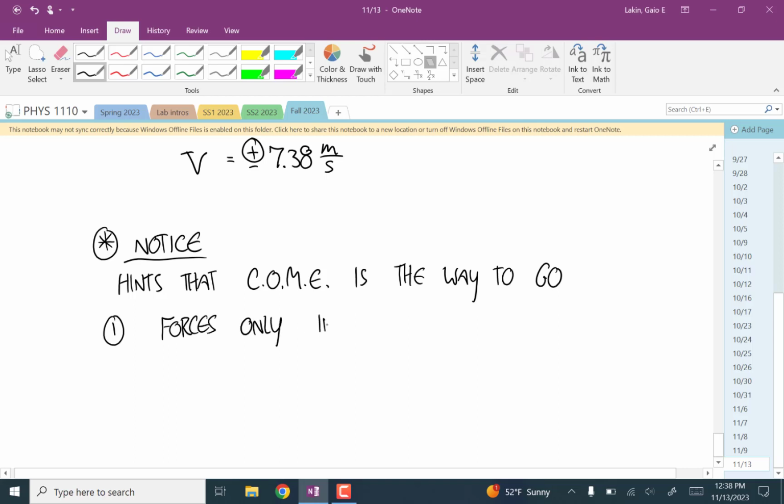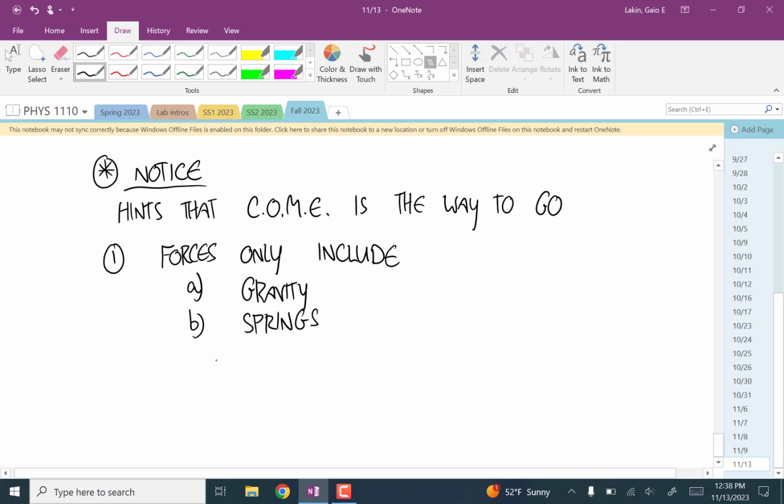The forces only include gravity, spring forces, so we'll get to a problem or two like that. Normal forces in rolling or sliding.